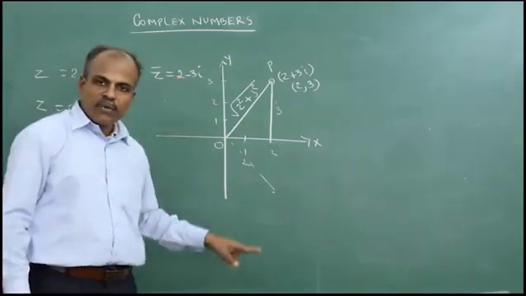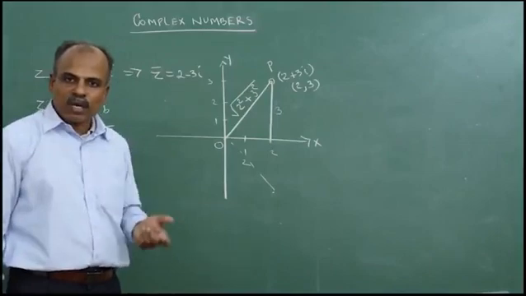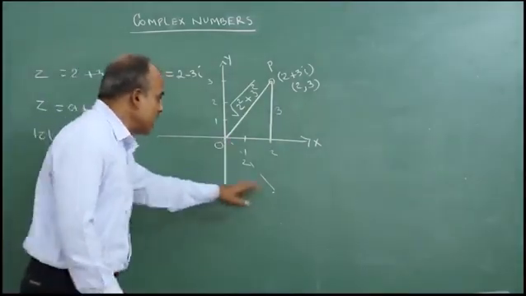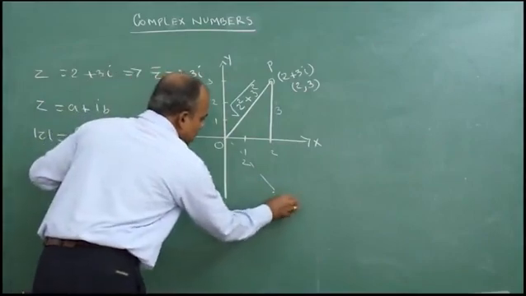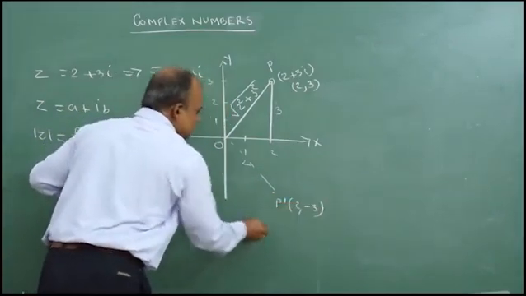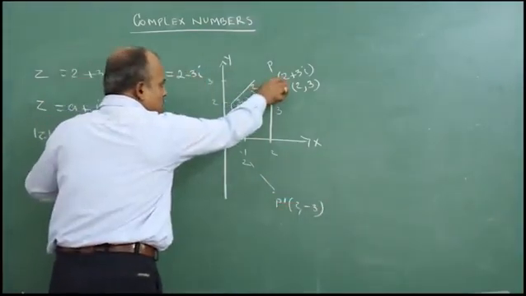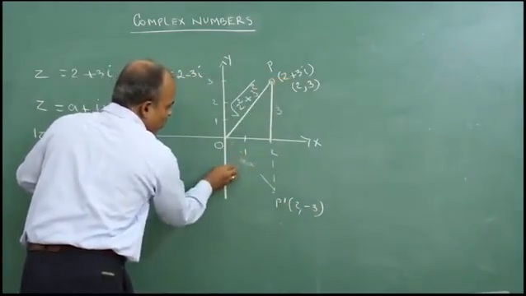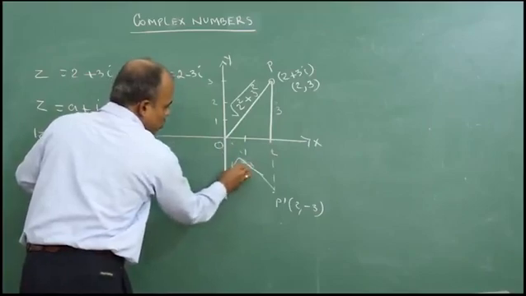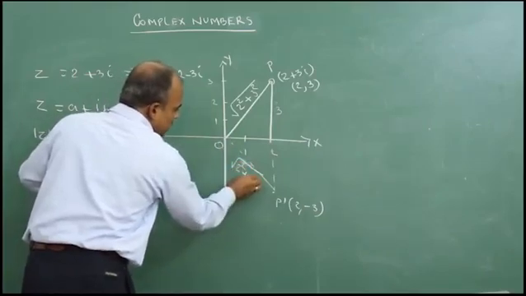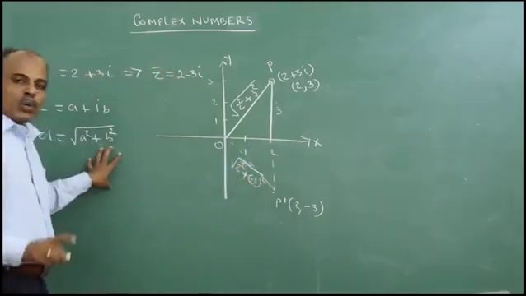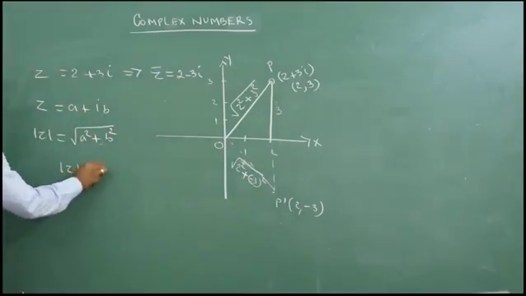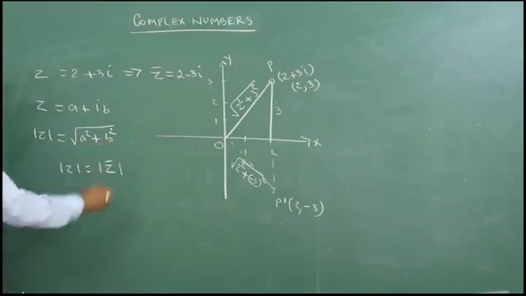The modulus of the conjugate of z and the modulus of z give the same value. Here also the length OP dash is the root of 2 square plus minus 3 whole square, which gives root 13. So modulus of z is equal to modulus of z bar.